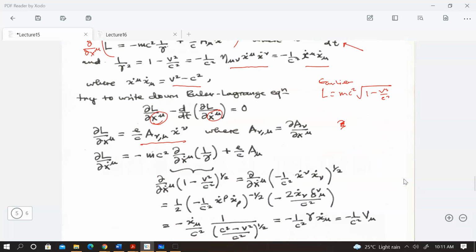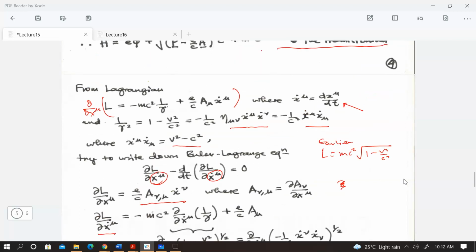So we get that for one of these terms over here, and then we have to do the other one, which is with respect to the velocities. And with respect to the velocities, we will have this term coming in, and also coming from your A mu here, which is already having that x dot mu.